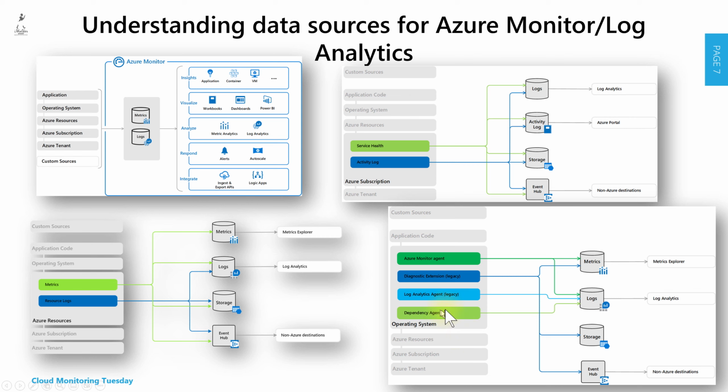Dependency agent collects the additional dependency data between the machines and provides this information to Log Analytics for you, for example, to understand how machines are connected to each other. Now you can see which process connects to which system, etc. So that's how it works.